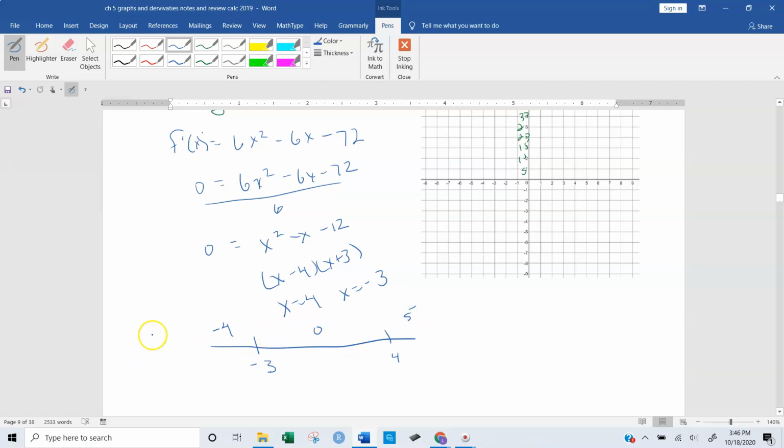Okay, we're plugging this into f prime, remember? So when we plug -4 into f prime, so f prime of -4 is what you're doing up here, where you're plugging it in, or here, does not matter.